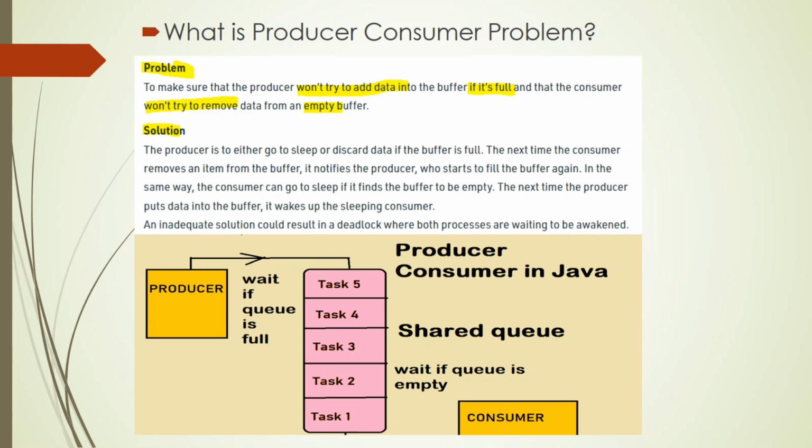In order to get rid of this, we can use a blocking queue. A blocking queue has a facility so that it will wait if the queue is full and wait if the queue is empty. This is a very interesting and very important question as part of the interview, so just be prepared for the answer.